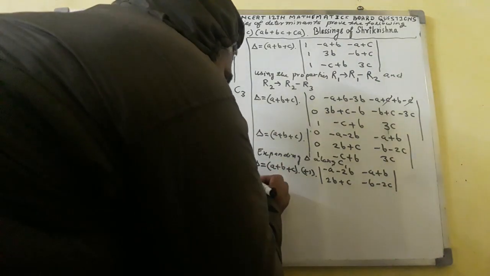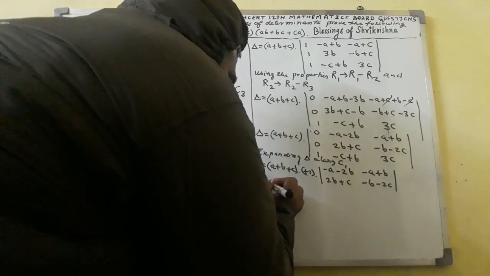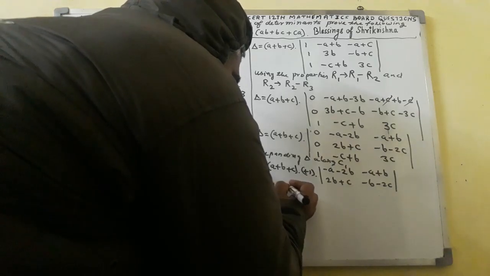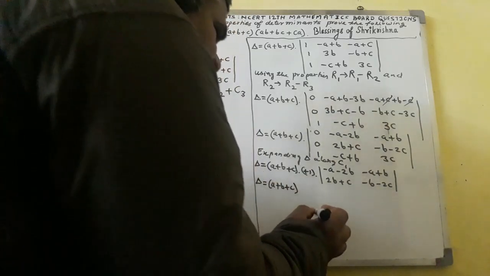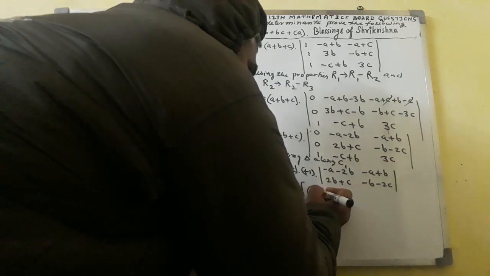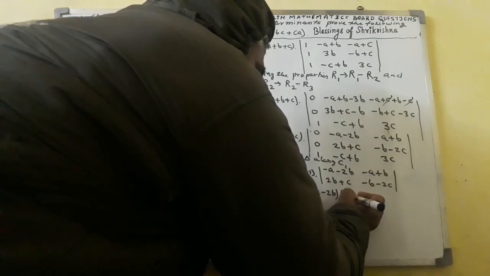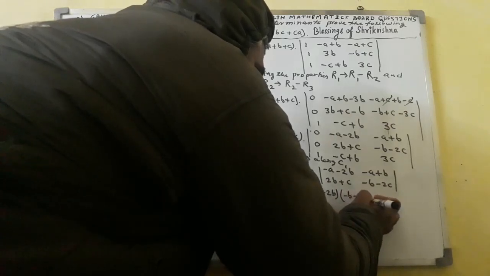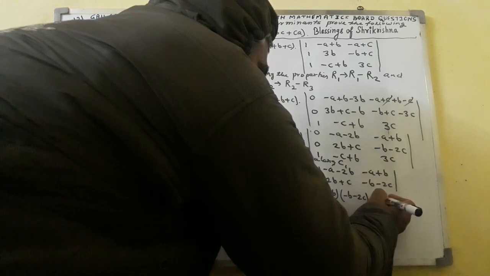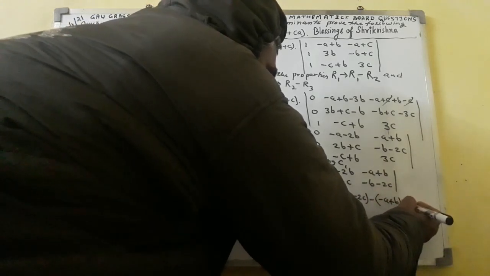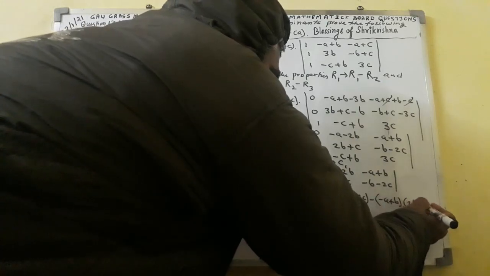So here I shall write determinant equal to A plus B plus C. Here do the operation. Minus A minus 2B, minus B minus 2C, minus A plus B, 2B plus C close.